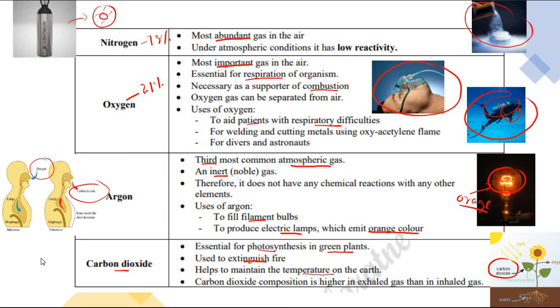So what we must understand here basically is that carbon dioxide composition is higher in exhaled gas than in inhaled gas. Here the carbon dioxide percentage when we inhale is lower compared to the amount of carbon dioxide we release. That is it.